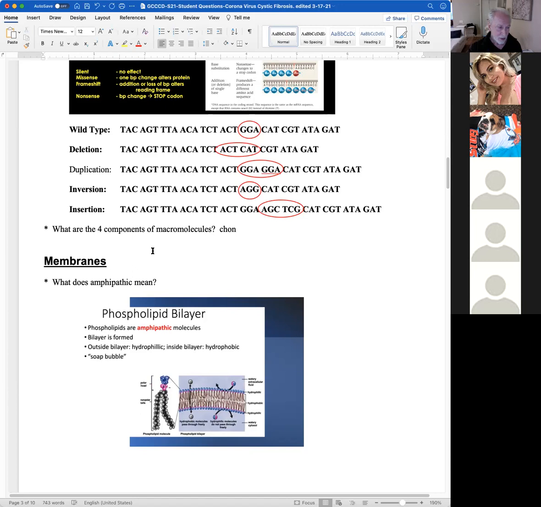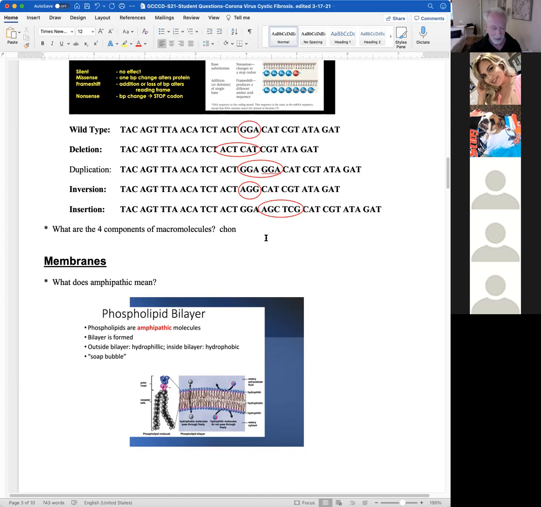Okay, several questions asked about the components of macromolecules. What are the 4 components of macromolecules? What are they? Anybody want to volunteer what the 4 main components found in macromolecules are?